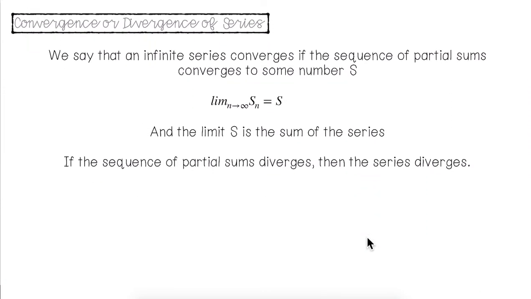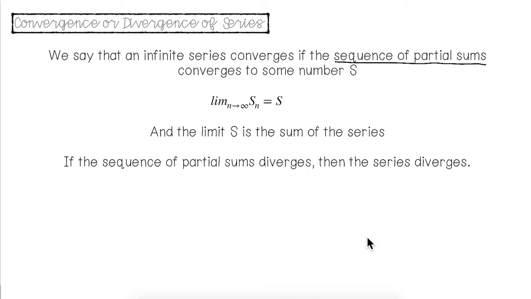So we're going to look a lot at convergence or divergence of series, and a lot of times we can only say whether or not an infinite series is going to converge or diverge. Not always what it will converge to. So we say that an infinite series converges if the sequence of partial sums, right, so that S1, S2, S3, S4, all the way out to Sn, converges to a number, just like we just saw with that second example.